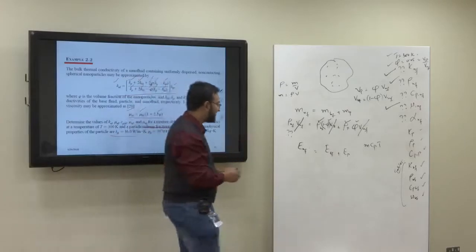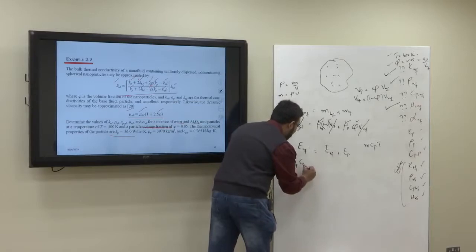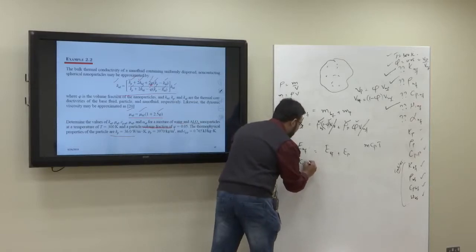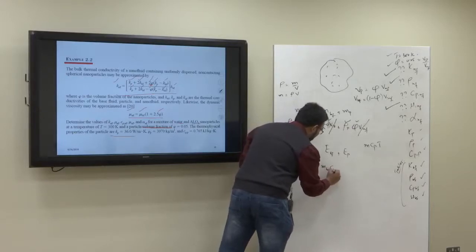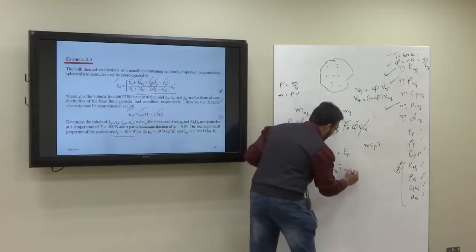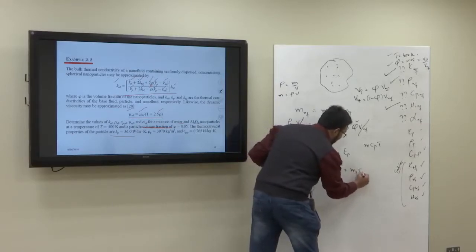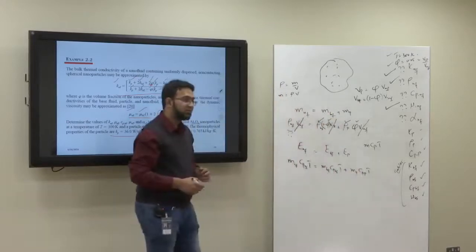So let me write it like this. M nanofluid Cp nanofluid T is equal to M base fluid Cp base fluid T plus M particle Cp particle T, right?